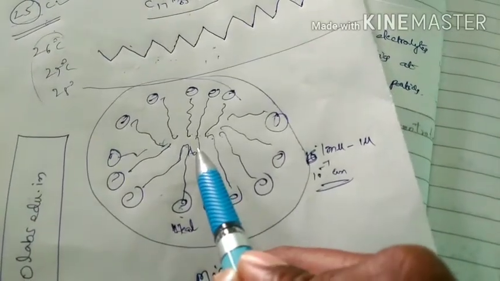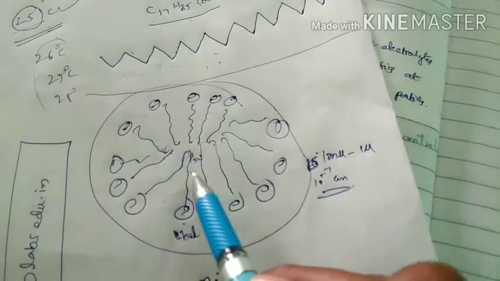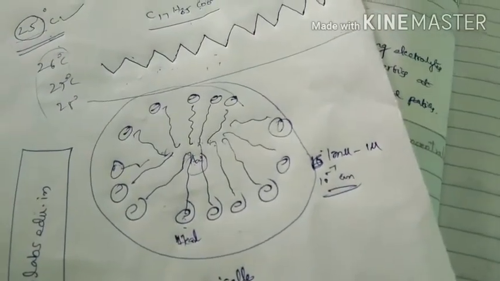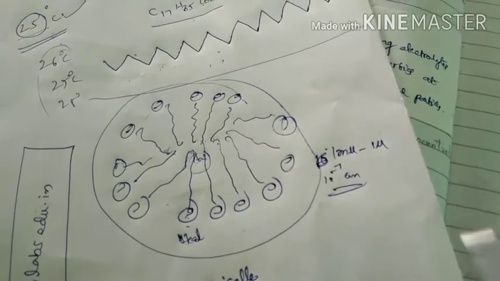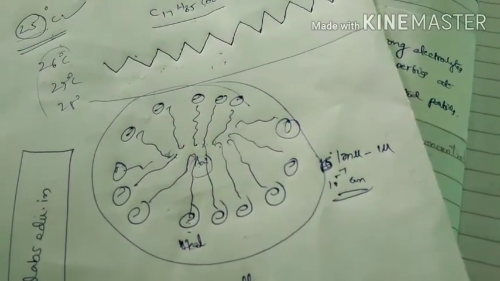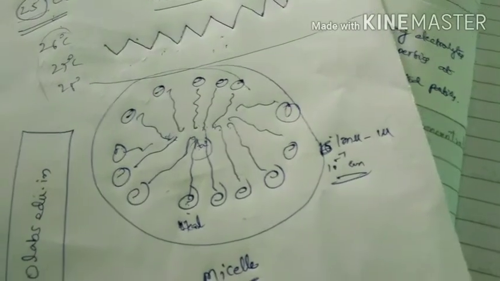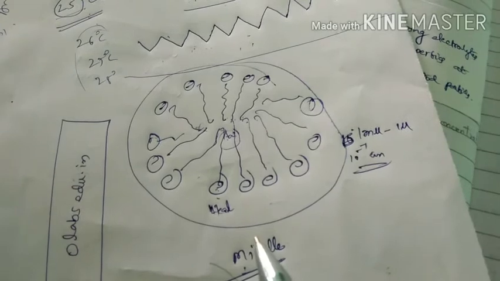This is called the tail part, hydrophobic part. This tail part forms micelle with dirt or oil present on cloth. Then that can be easily removed when we apply water, because it is insoluble in water. So this is the mechanism behind the cleansing action of soap.